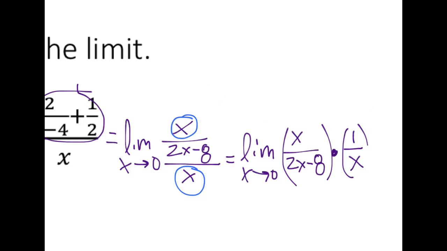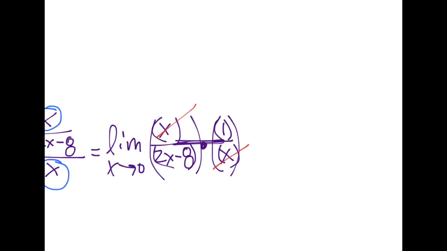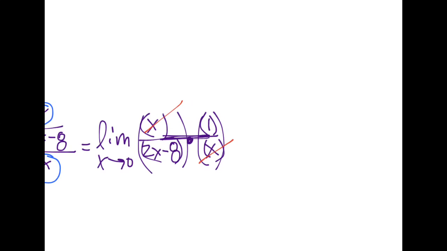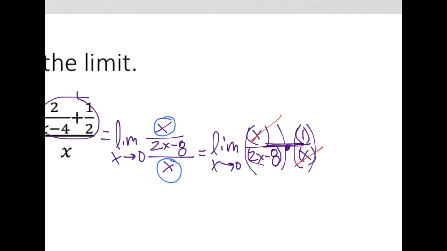I have 2 fractions being multiplied together, which lets me think of them as one fraction with the terms being multiplied together. And so I have an x in my numerator and an x in my denominator. And so I have found my hole and I have removed them. Notice essentially what happened was that this x just popped up there and was multiplied by that whole term.